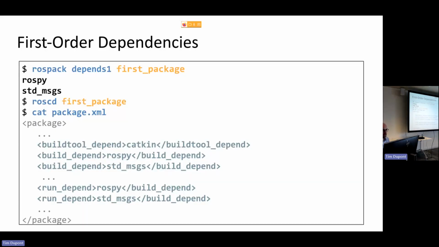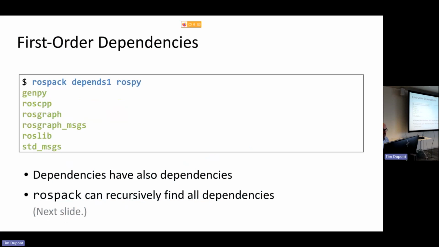All right. So that's the XML file. So the dependencies, you have first-hand dependencies. You can ask dependencies for each package in the ROS system. The Python bindings are included in a package called rospy. And if you ask dependencies of rospy, you get the list.